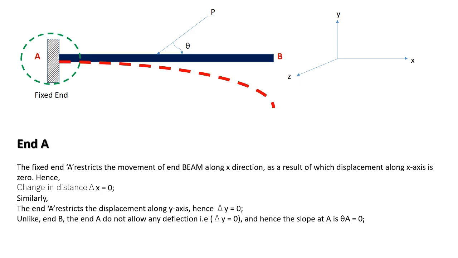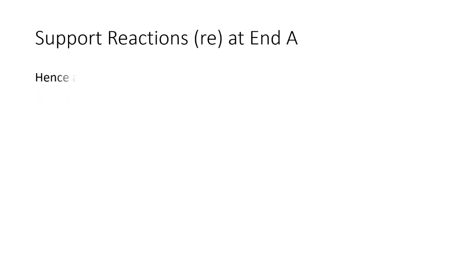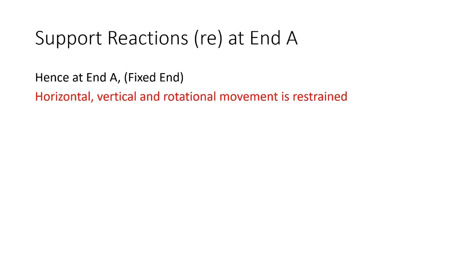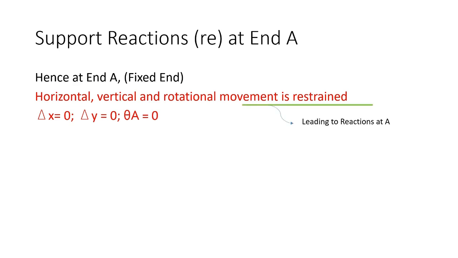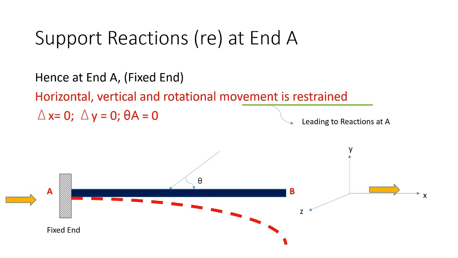A restricted end results in reactions at A. These reactions include translational forces as well as rotational moments. The rotational moment at A is caused by the applied force P. The restraining forces result in reactions along the X direction, Y direction, and rotational movement along the Z axis.